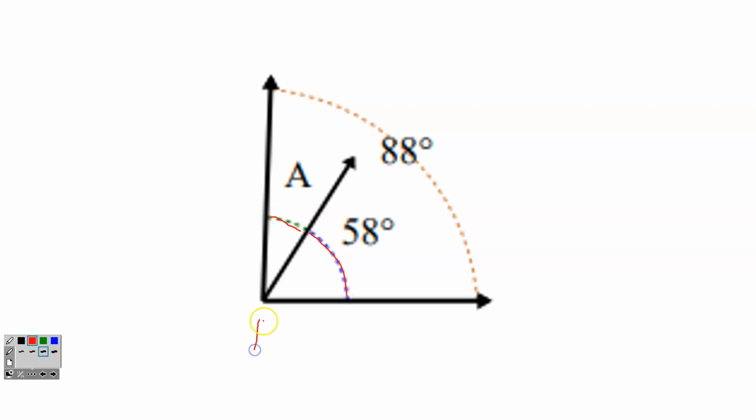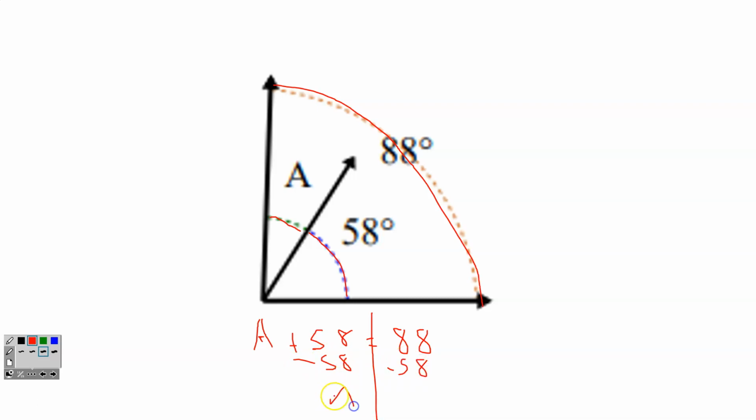So I'm going to do A, I know it's kind of a terrible looking A, plus 58 equals the total angle, which is right here, and that measures 88. Again, a one-step equation. I draw my fence, I subtract 58, and I get A equals 30. So what's the measure of that angle? Well, it's 30 degrees.